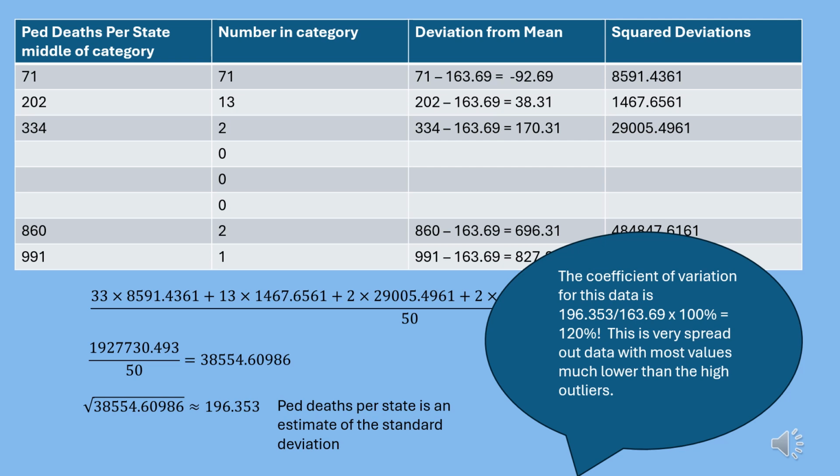So this is very spread out data. Most of the values were in the lower categories, and then there were just a few states that had pedestrian deaths that were much higher than the other states. So anyway, this is an interesting set of data to look at because it is very skewed to the right, and we get a coefficient of variation of 120%.